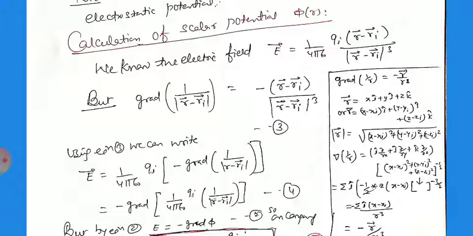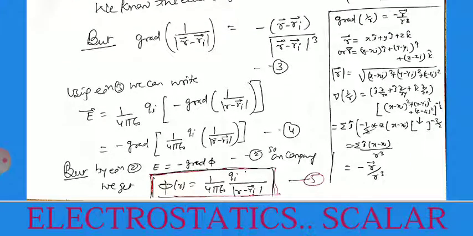So in short form we can write sigma i (x minus xi) by r cube, or we can write minus r vector by r cube. So gradient of 1 divided by |r minus ri| is equal to minus of (r minus ri) divided by |r minus ri| power 3.